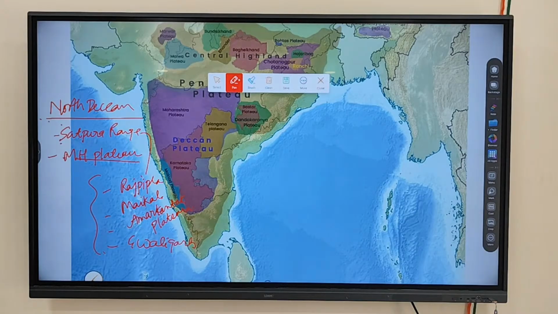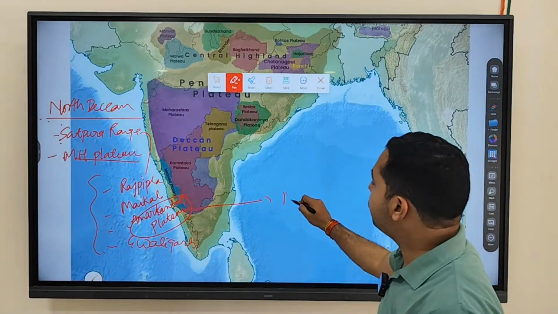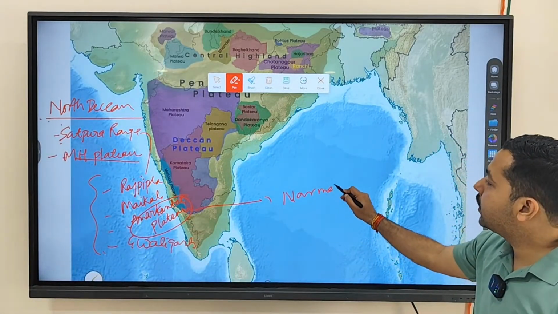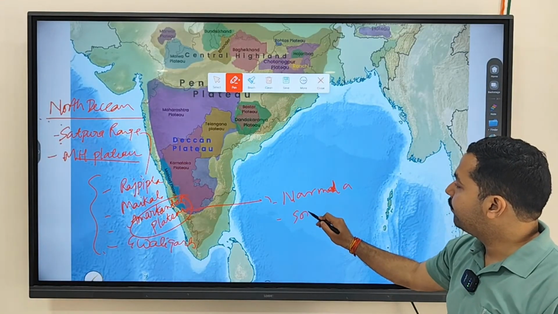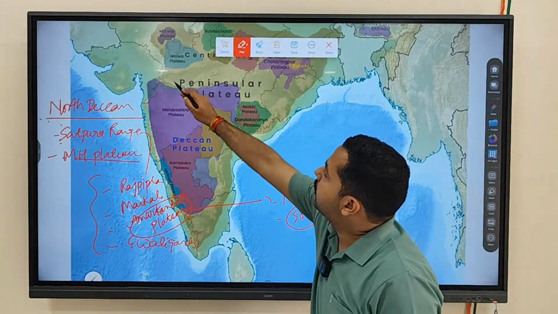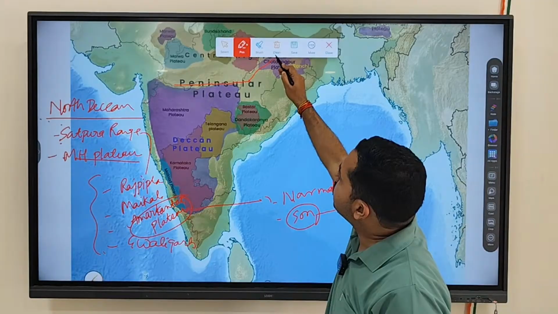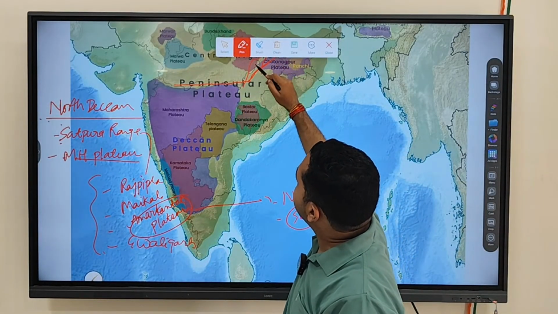Clear? Now the Narmada river originates from where? The Narmada river originates from this region. Amarkantak is the source of two important rivers. One is the Narmada river, another is the Son river. Son is a tributary of Ganga. From here, the Son moves like this towards the Ganga river, moving over Baghelkhand like this.